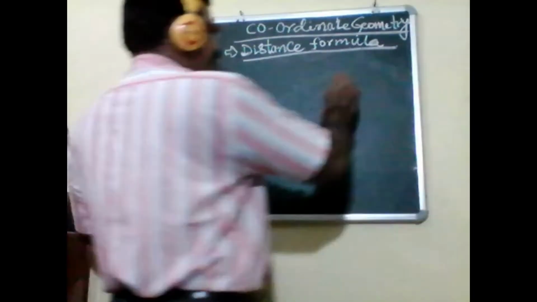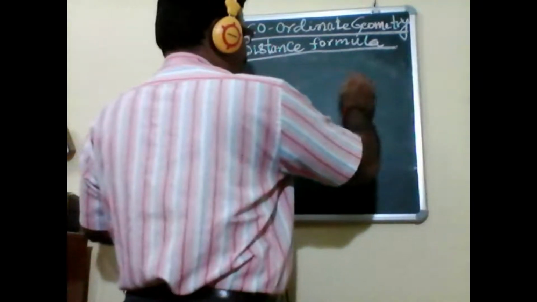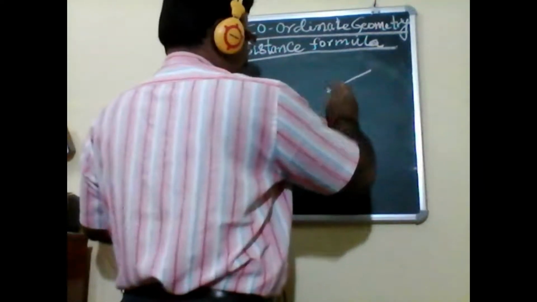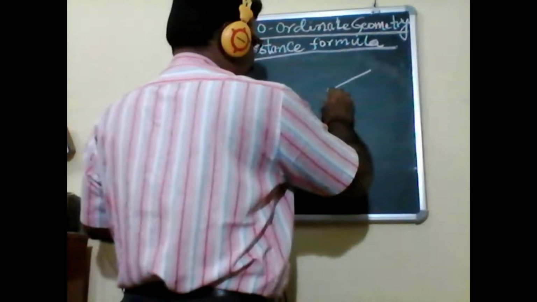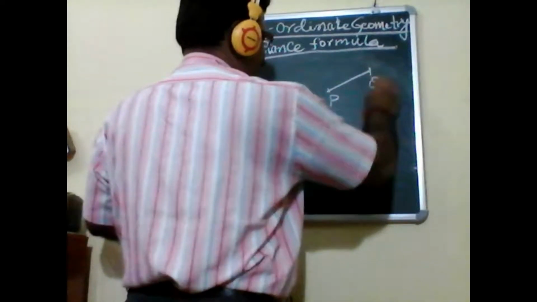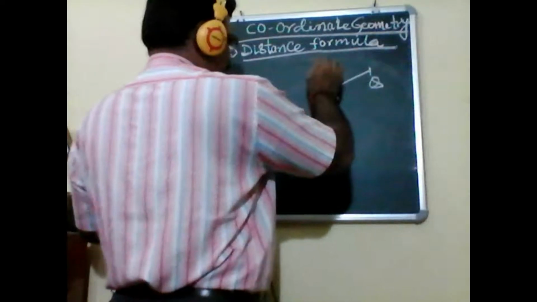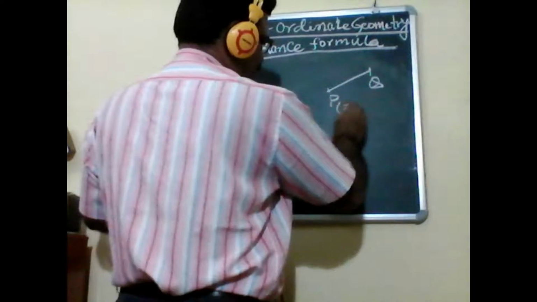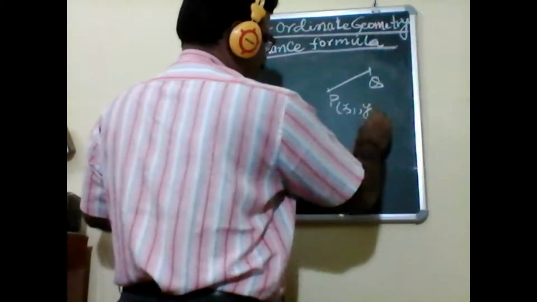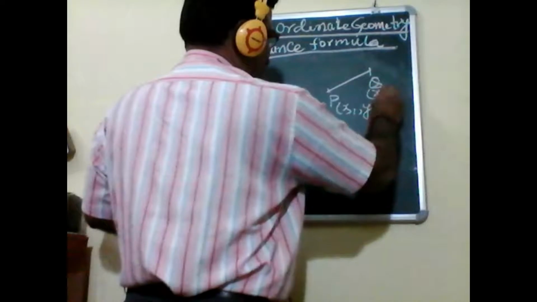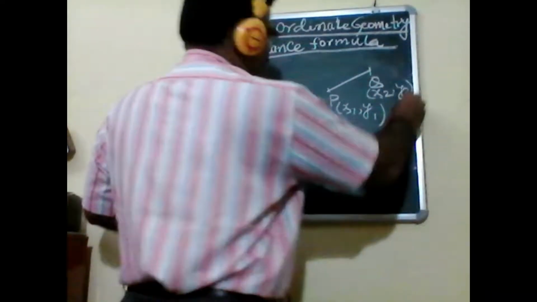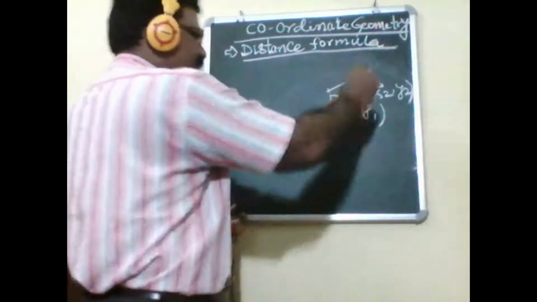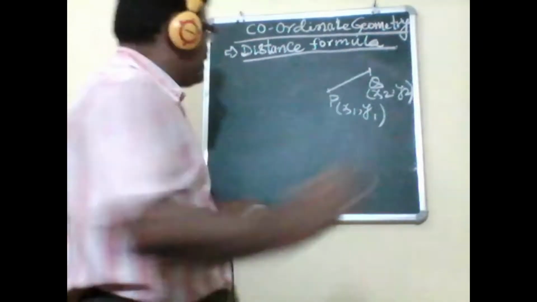Suppose in any line there are two points, P and Q. Obviously their coordinates will be given, suppose x1, y1 and x2, y2, and these coordinates can be obtained by drawing perpendicular lines in the xy coordinates.